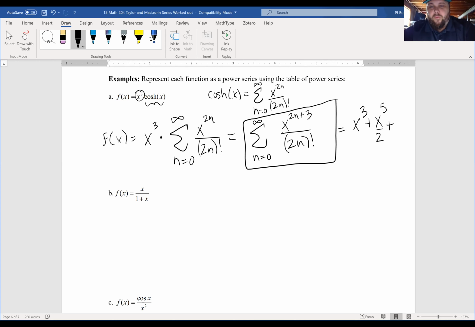And let's go one more. If I let n equal 2, then I have x to the 7 over, what's that, 24? Okay, so that would then be what we could plug in instead of x cubed times the hyperbolic cosine.